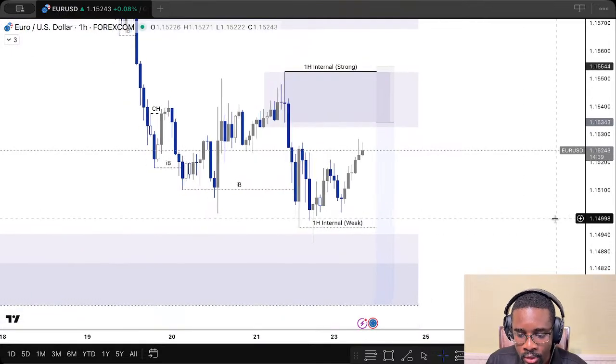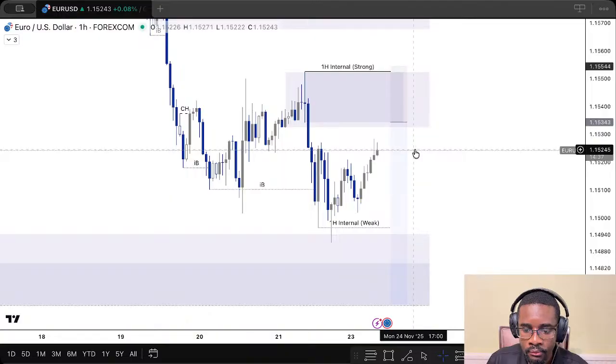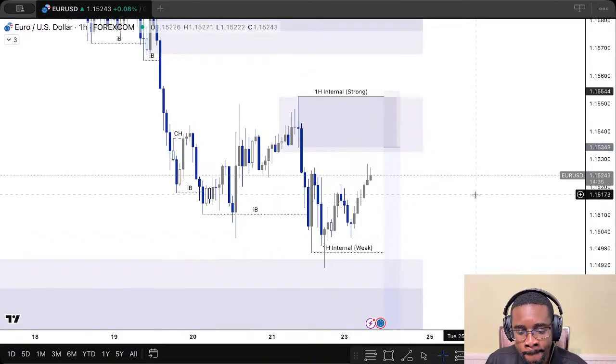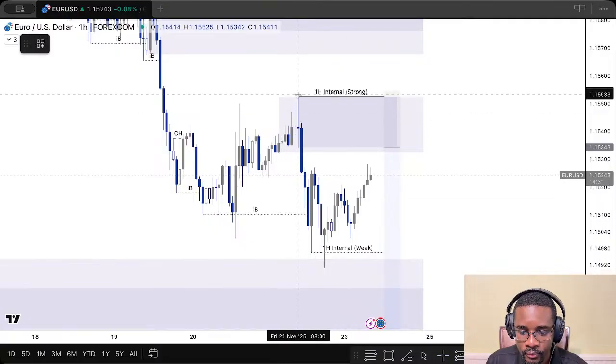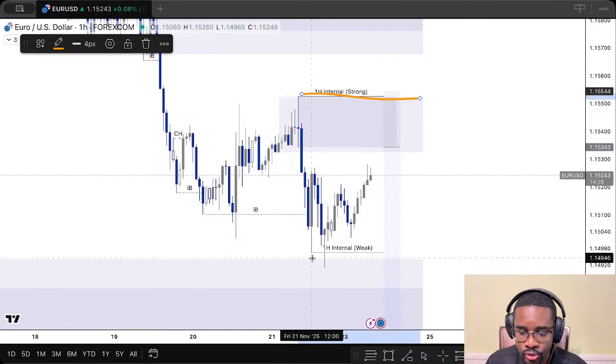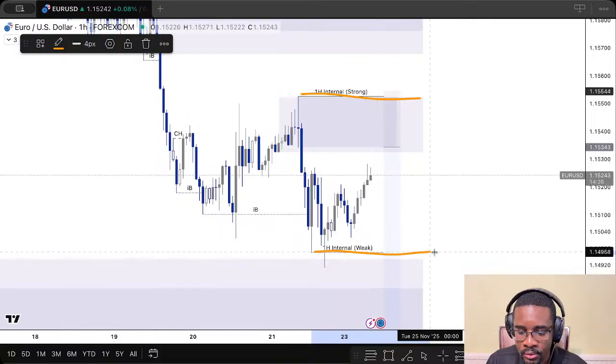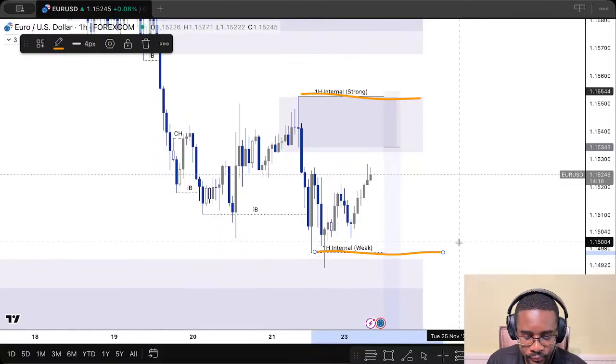So looking at the 1 hour, this is our strong swing high, and this is our strong internal high, and this is our weak internal low.